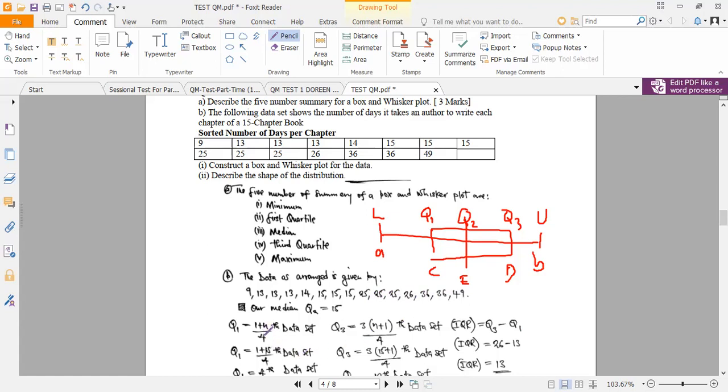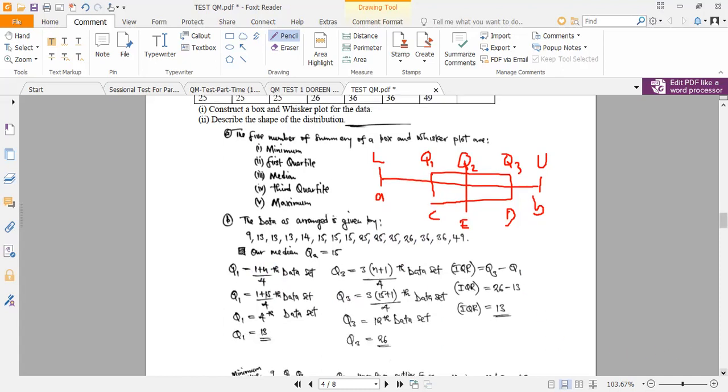So a quarter of 15 plus 1, which is 16. A quarter of 16 is 4. We're going to look at the 4th data value. So when we count 1, 2, 3, 4, this is our Q1, which is 13. We put our 13 here.